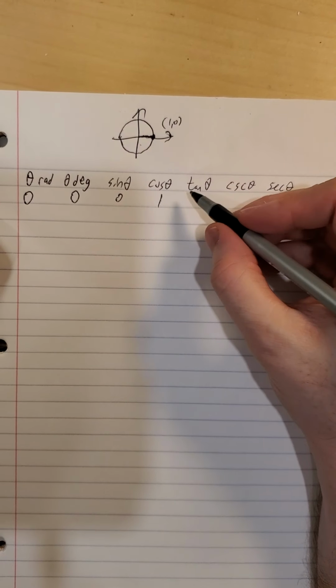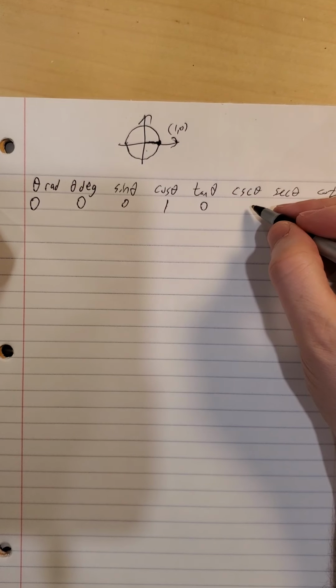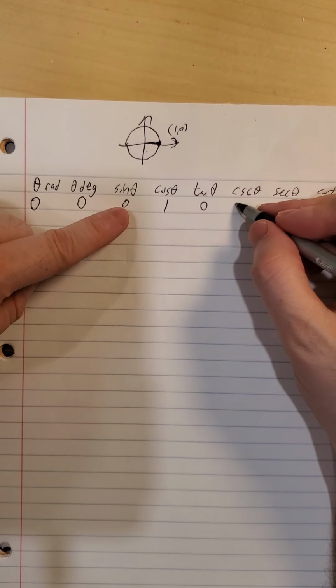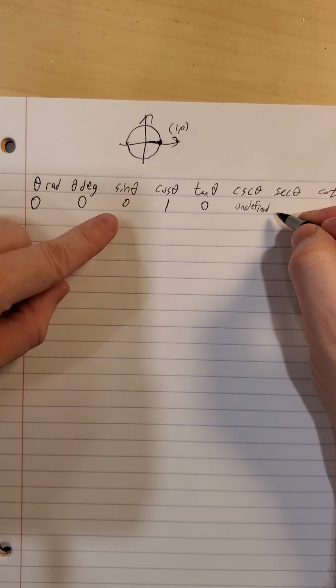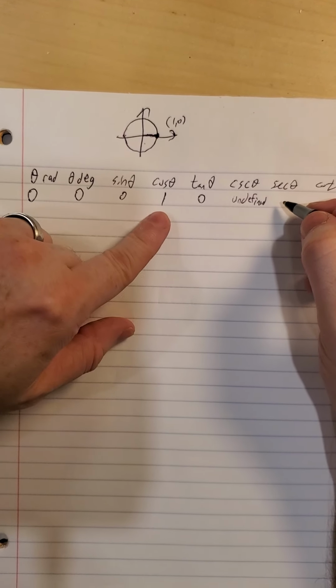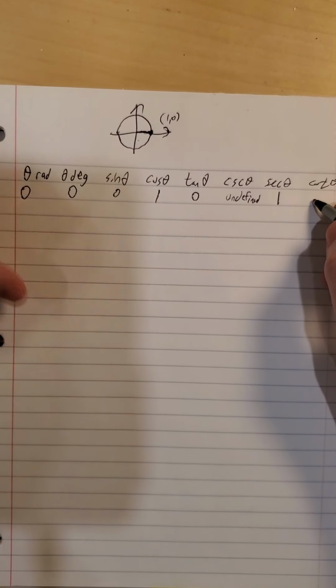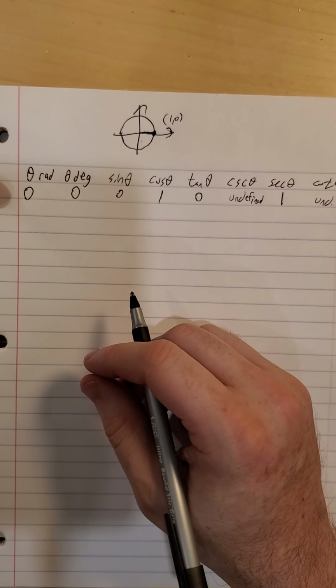Tangent is sine divided by cosine. 0 divided by 1 is still 0. Cosecant is the reciprocal of the sine, which is undefined. 0 does not have a reciprocal. 1 is its own reciprocal, and again 0 has no reciprocal, so we are undefined.